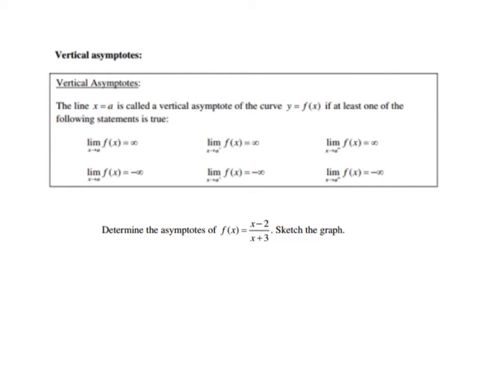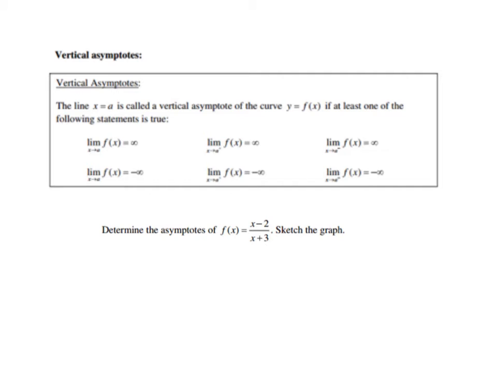So here, these are the possibilities for vertical asymptotes. It says the line x equals a is a vertical asymptote of the curve y equals f of x if at least one of the following statements is true. And so it says as it approaches, it's positive infinity, negative infinity, approaching from the right, approaching from the left, or one of those possibilities that we had talked about.